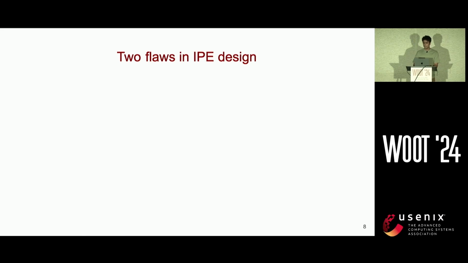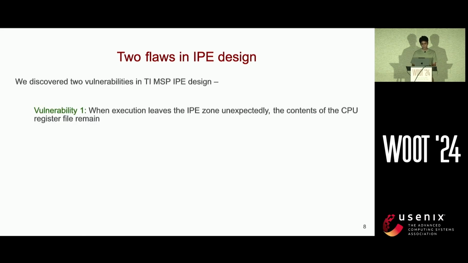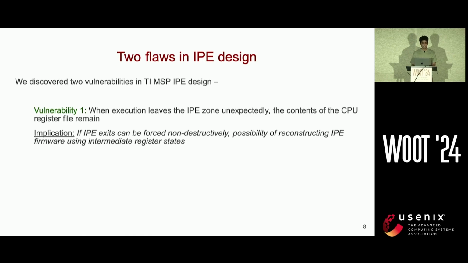So during our research, we found two fatal flaws in the IP design. The first one was that when execution leaves the IP zone unexpectedly, the contents of the CPU register file remain. This implies that if we can somehow force IP exits non-destructively, there is a possibility of reconstructing the IP firmware using intermediate register states.